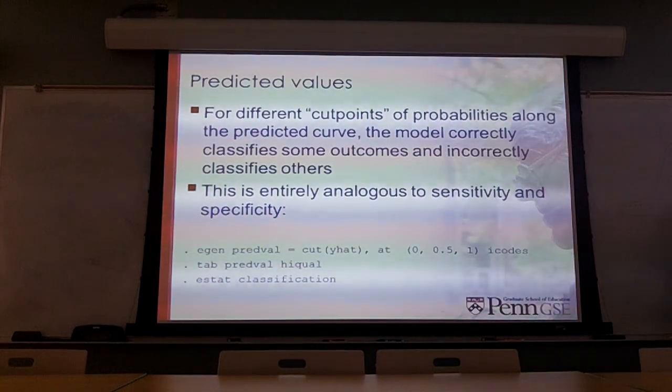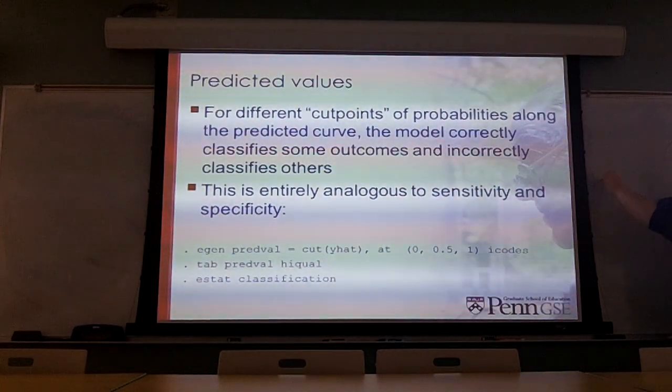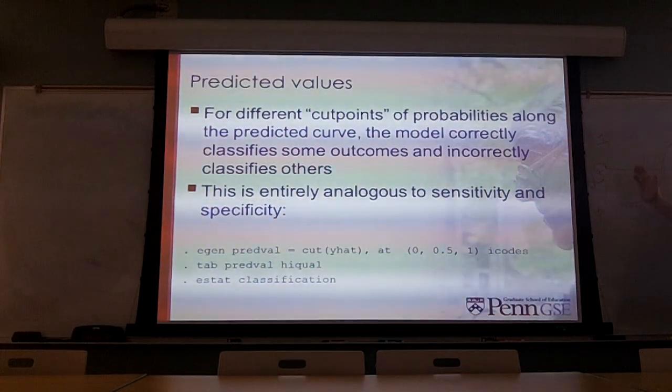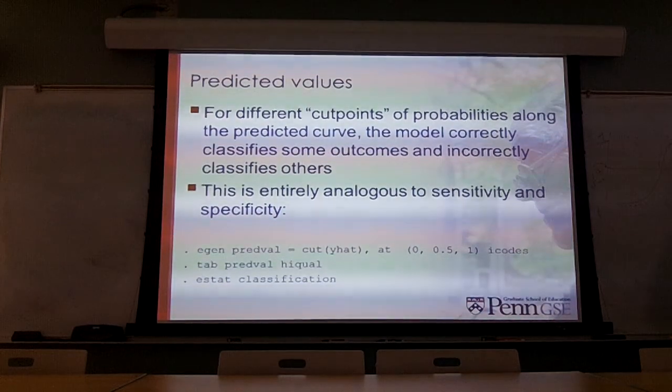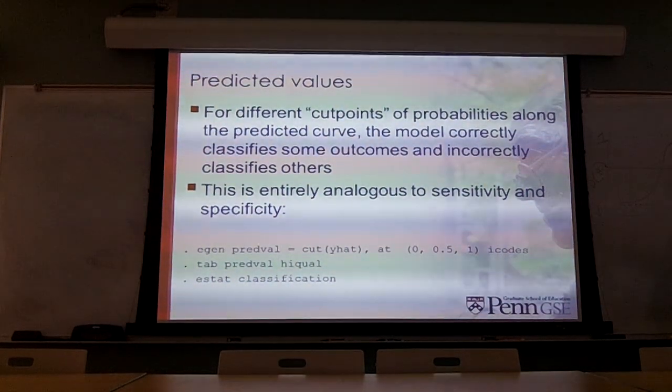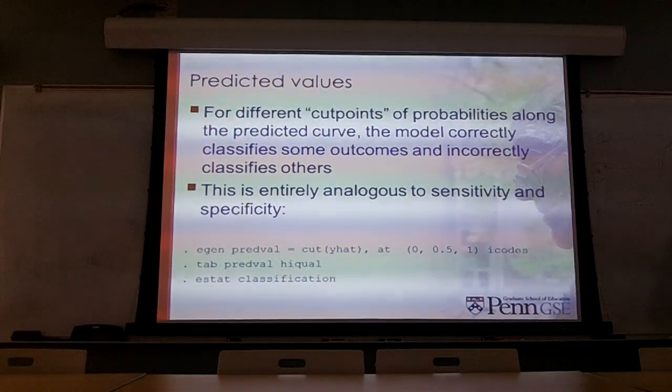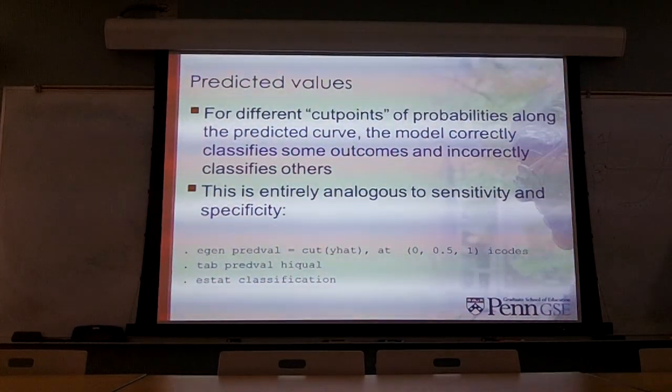So if I were to draw this, this is the probability of a high education. This mark becomes 50, the 50% probability. Here's 0, here's 1. What we can do is change the cut points in our classification. If we were to change the cut points for predicting whether or not somebody was in a high quality school system based on education, then our sensitivity and our specificity would change, right?